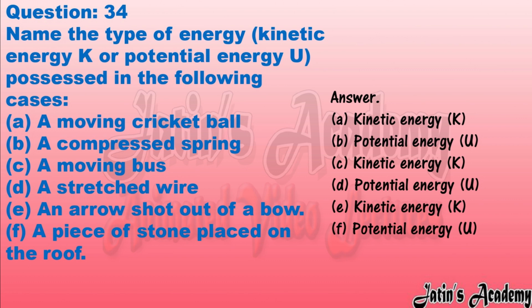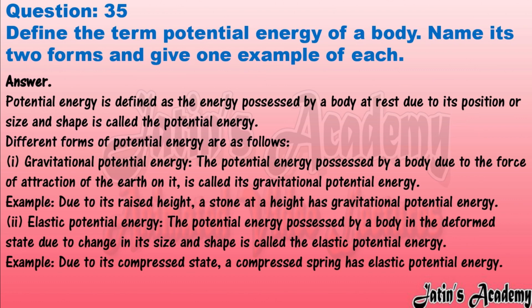Answer. Kinetic energy. Fourth, a stretched wire. Answer. Potential energy. Fifth, an arrow shot out of a bow. Answer. Kinetic energy. Sixth, a piece of stone placed on the roof. Answer. Potential energy.